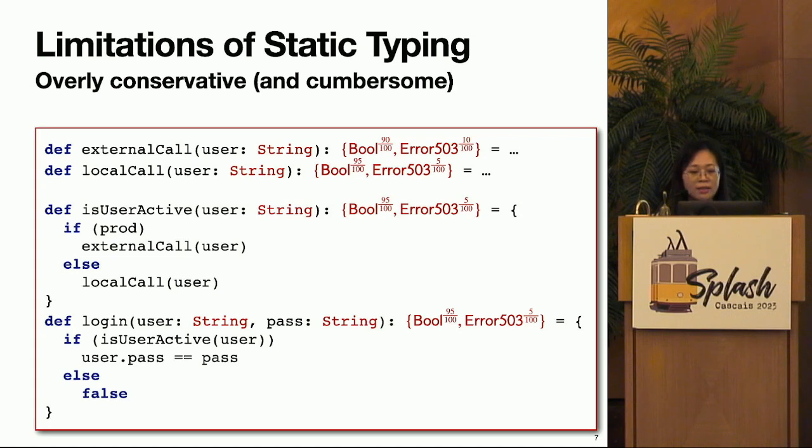Local code has a 95% probability of success. And if you mark is user active as a function that has a 95% probability of success, the external code is going to yield a type error because the external code has 90% probability of success and you are expecting 95% of success. So it's very conservative.